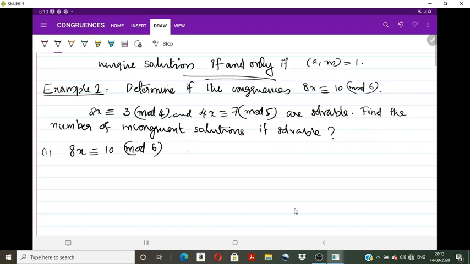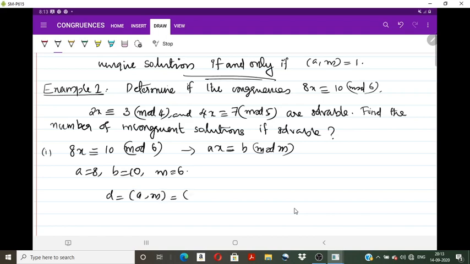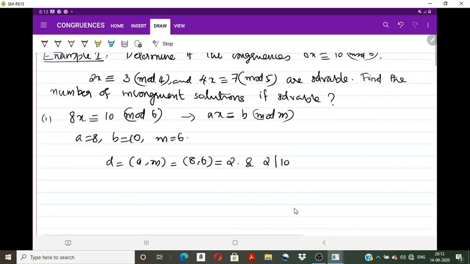Here it is of the form ax congruent to b modulo m, so a is 8, b equal to 10 and m equal to 6. d, which is equal to GCD of a comma m, is equal to GCD of 8 comma 6, that is equal to 2, and 2 divides 10. In the linear congruence Ax congruent to b modulo m, GCD of a comma m divides b, so this equation is solvable.